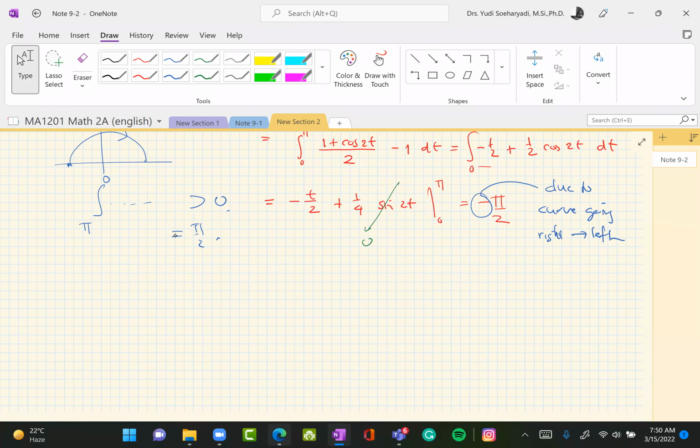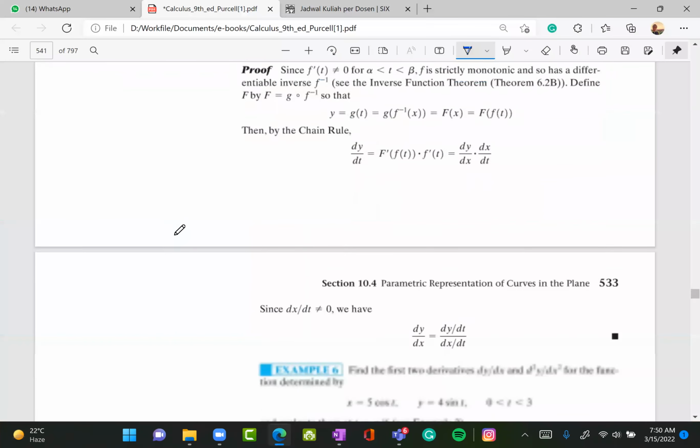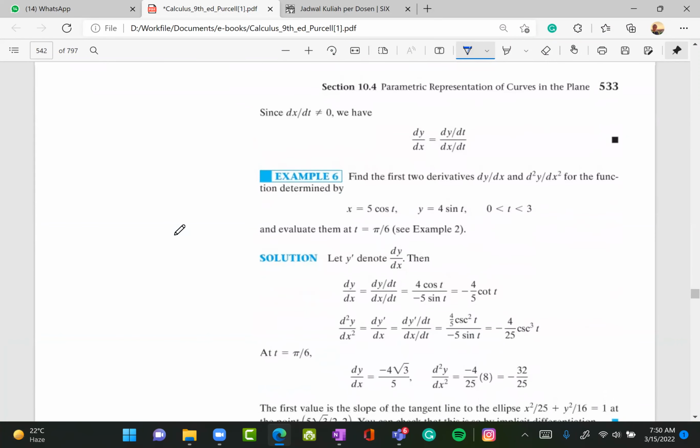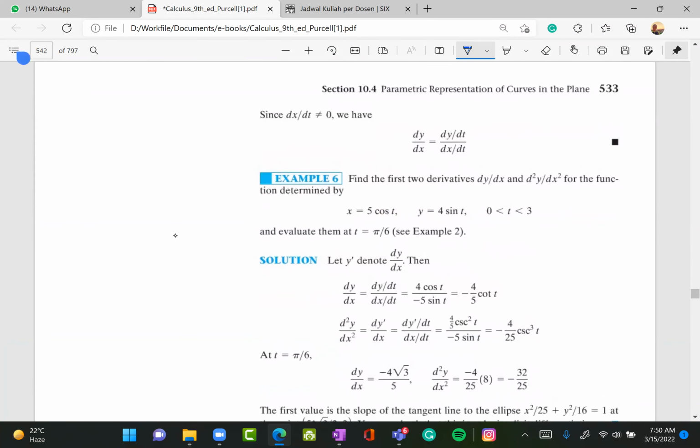Okay, just one more example. Let's pick some problems. I'll show you just this one here. Example 6.